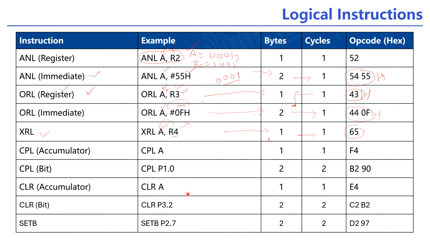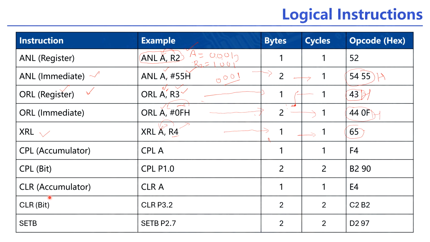This instruction is a one byte instruction. The execution of this instruction requires one machine cycle. The opcode is E4.